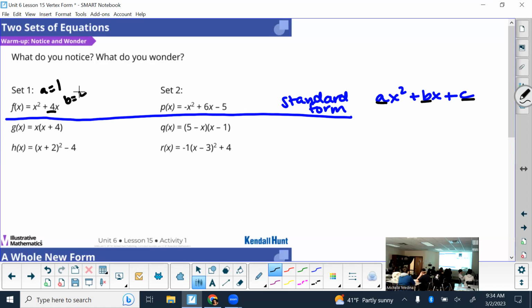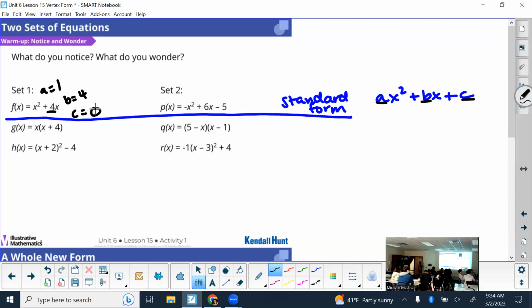So my B is 4. There's nothing else written. C is normally the single number. So if there's no single number written, then what is my C? There's no single number written in the expression. What is my C then? 0. Good.